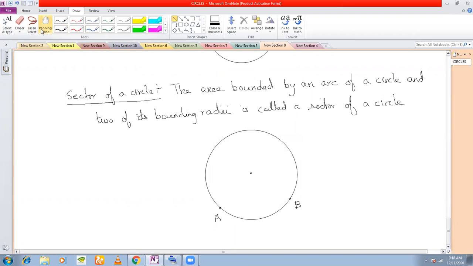From the center, let us give the name O. And from the center, let's join OA, and let us join OB also. These two will form your bounding radii. OA and OB are the bounding radii.